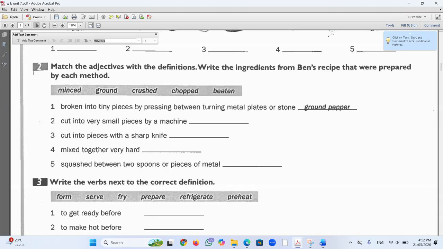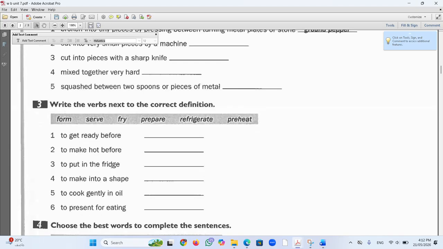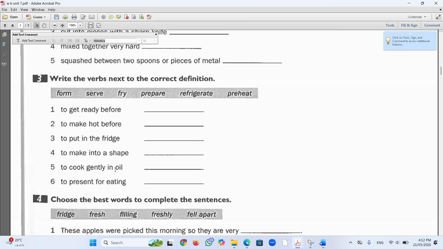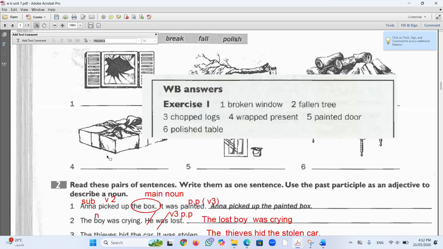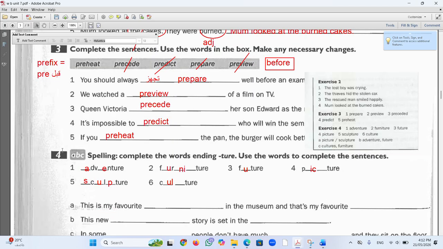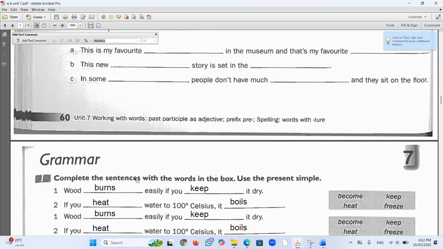This is an important exercise. Next, go to the next exercise, which is very important for you. Please check and study again. Here, this exercise is important.